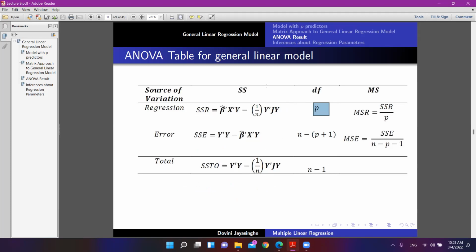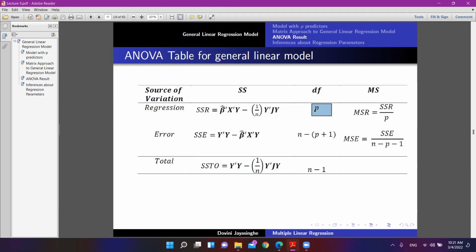In simple linear regression, we had just 1 degree of freedom all the time when the source of variation is regression. Why? Because we have only one predictor variable there. So as degrees of freedom, you can remember this. If you cannot get this by thinking, always put the number of predictors here, the number of X terms that you have.